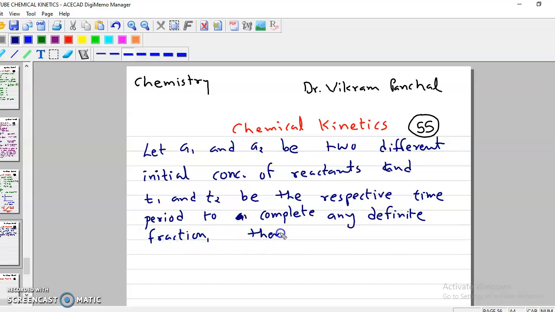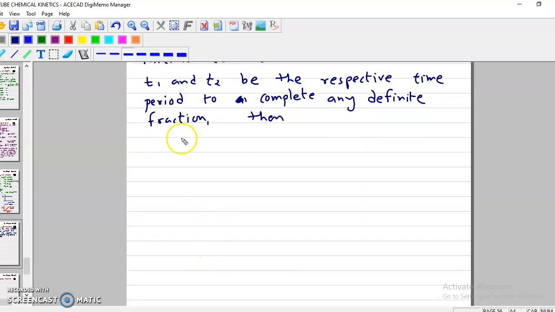Then we write T1 is equal to K 1 upon A1 raised to n minus 1 and T2 is equal to K 1 upon A2 raised to n minus 1. Now we take ratio of these two.